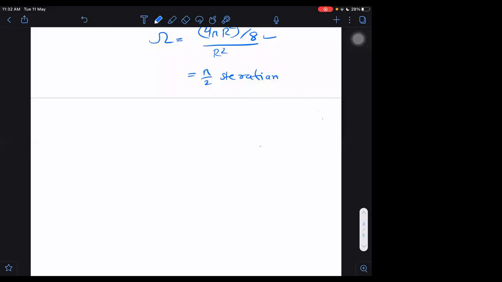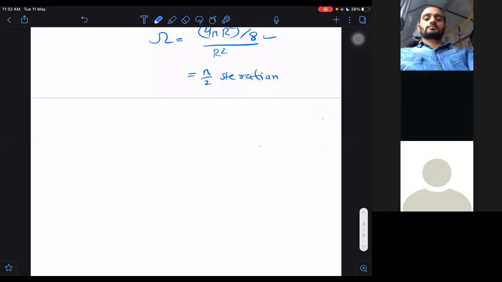What about the formula 2 pi of 1 minus cos theta? You can learn this formula. You can use it to find the solid angle if the semi-vertex angle of the cone is given.